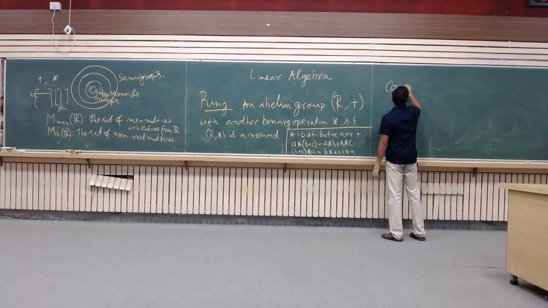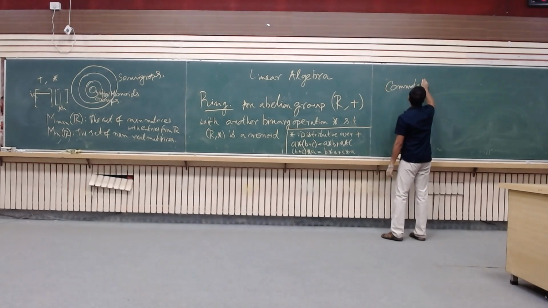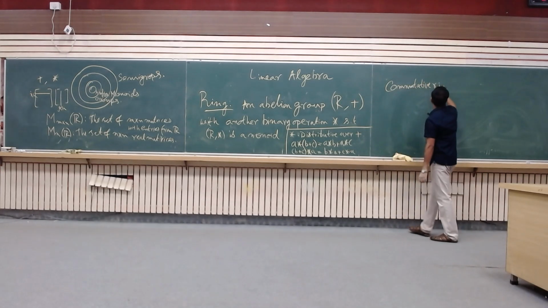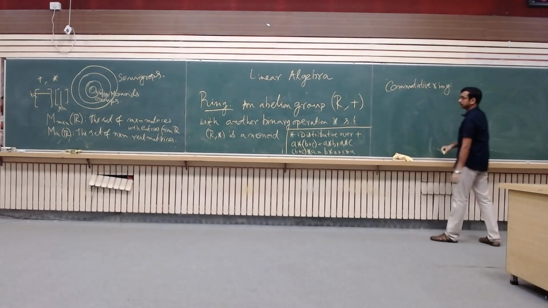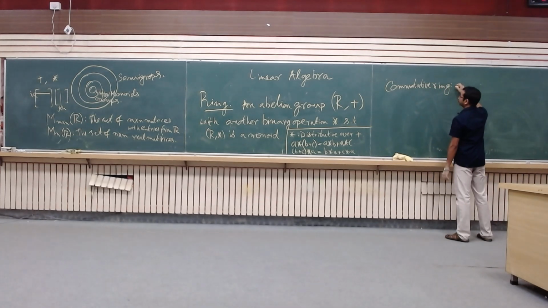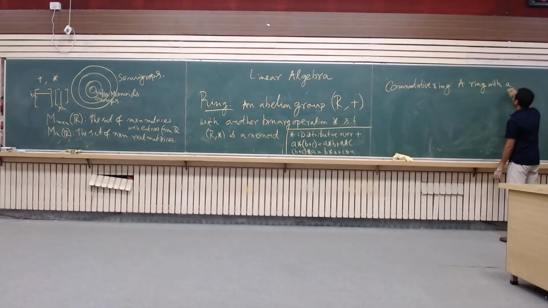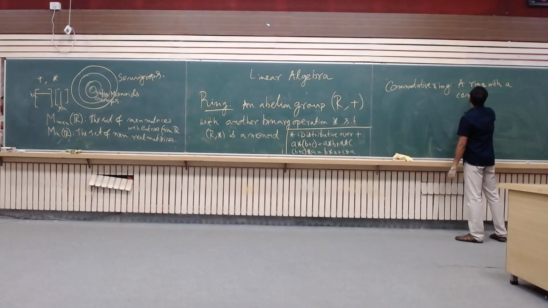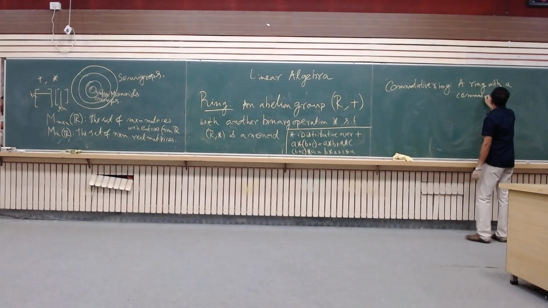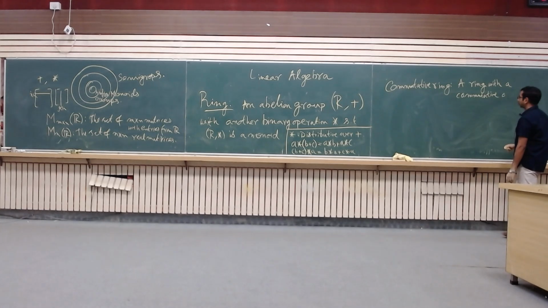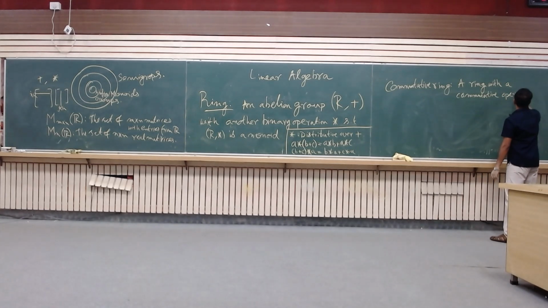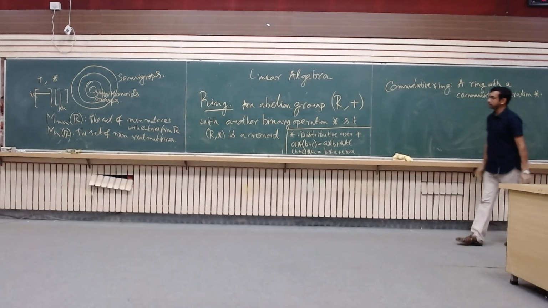A commutative ring is a ring with a commutative operation star. That is where the multiplication is commutative.